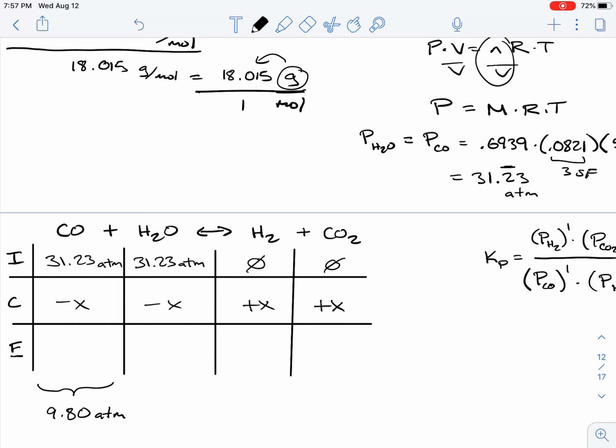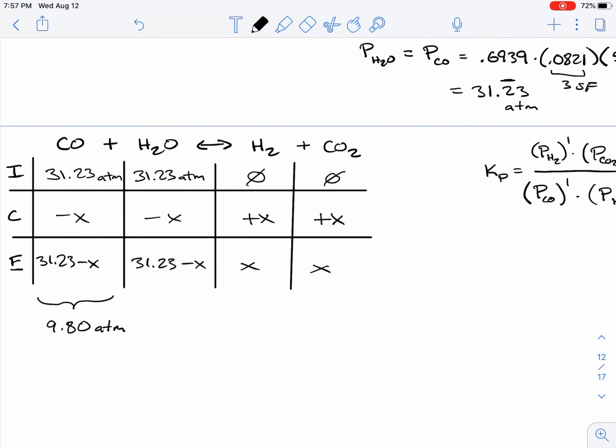The coefficient is 1, 1, 1, 1. And so here, the expression for the equilibrium partial pressure of CO is 31.23 minus x, and x, and x.